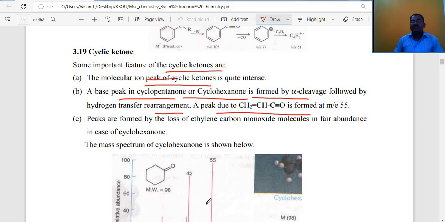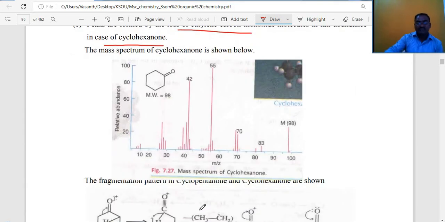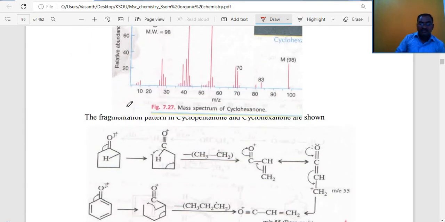The peak due to CH2=CH-CO is formed at 55. The peaks formed by the loss of ethyl and carbon monoxide molecule are of appreciable abundance in the case of cyclohexanone. This is the structure of the cyclohexanone molecule. The mechanisms are written here.